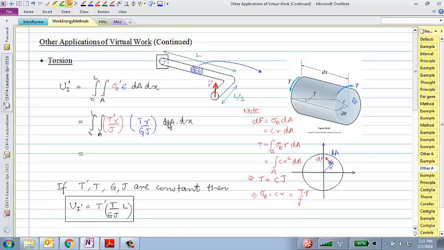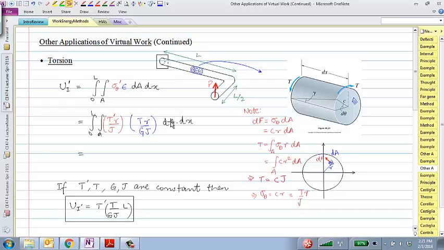What is integral x square dA? It's Ixx, right? It's the second moment of area. Integral y square dA is Iyy, second moment of area about the y-axis. Integral r square dA is really what J is.